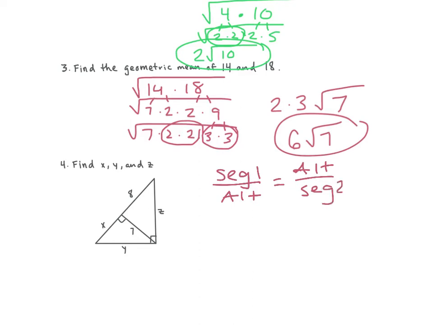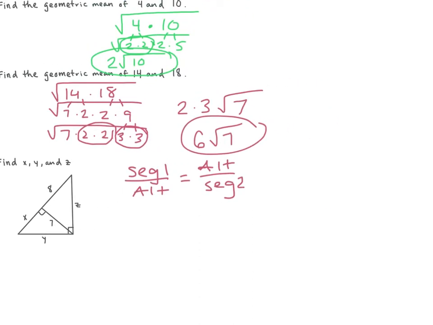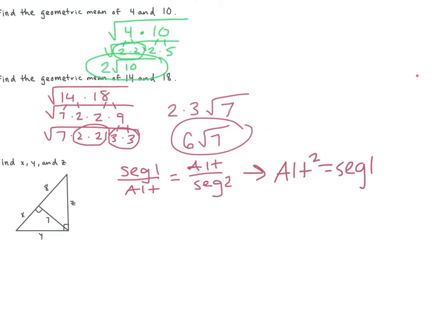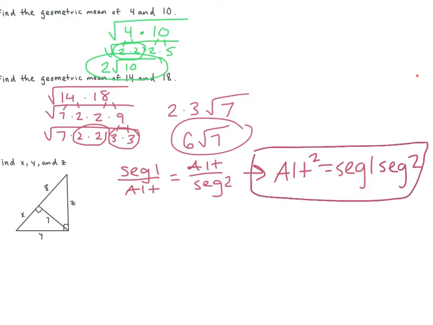Another way we can write this formula is altitude squared is equal to segment 1 times segment 2. These are the same thing. Is it segment 1 times segment 2? Yep.